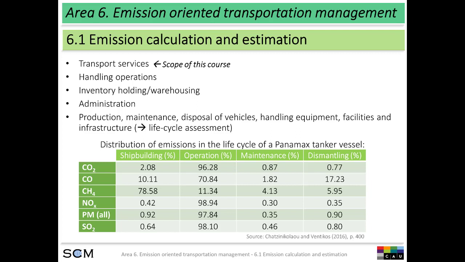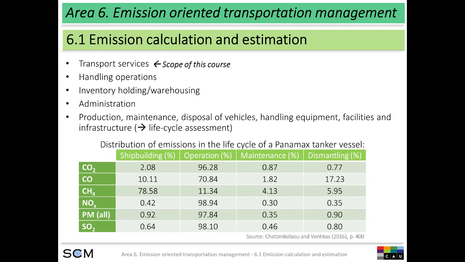We also have handling operations and inventory holding, warehousing in logistics, and these activities are also associated with emissions. Administration as well as the production, maintenance and the disposal of vehicles cause emissions too. The latter calls for a life cycle assessment of logistics assets.